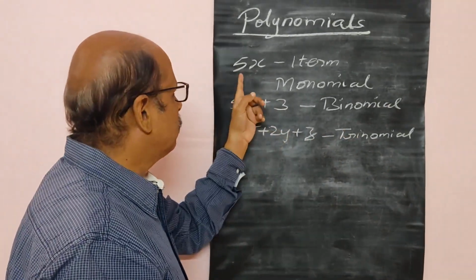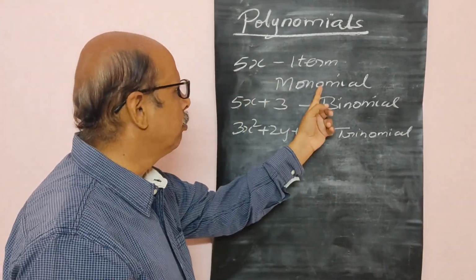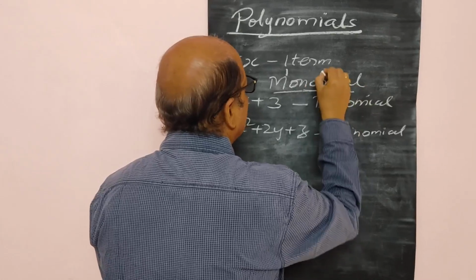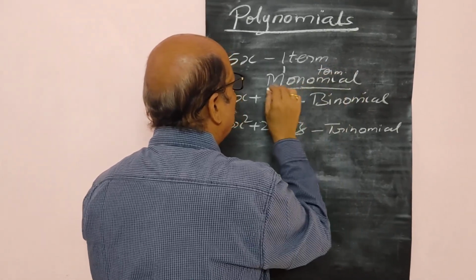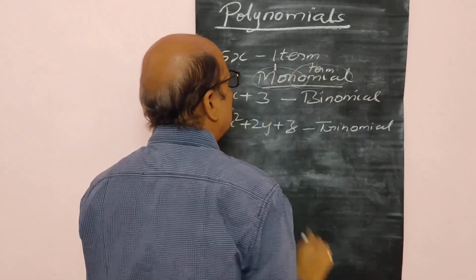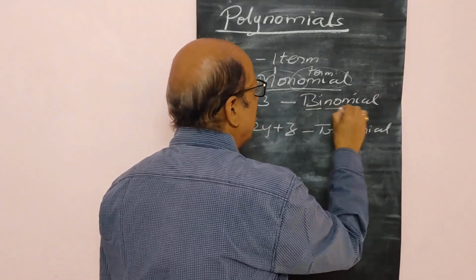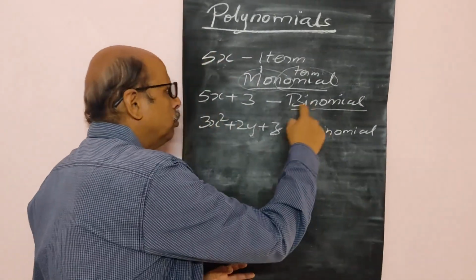An expression which has only one term, we call a monomial. Mono means one, nomial means term. Bi means two, nomial means term, so two terms.